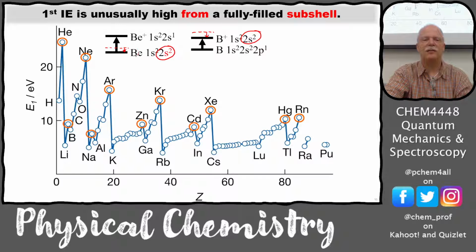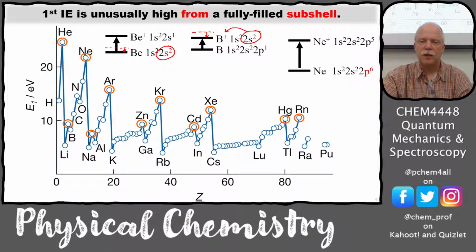If the fully filled subshell is on the neutral, then it's harder to ionize. If the fully filled subshell is on the cation, then it's easier to ionize. And then here we have neon. Again, that neutral has got the fully filled subshell, so it's become harder to ionize.